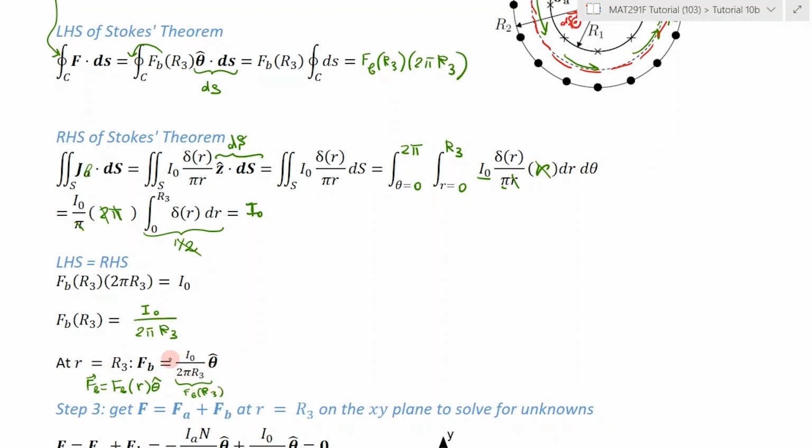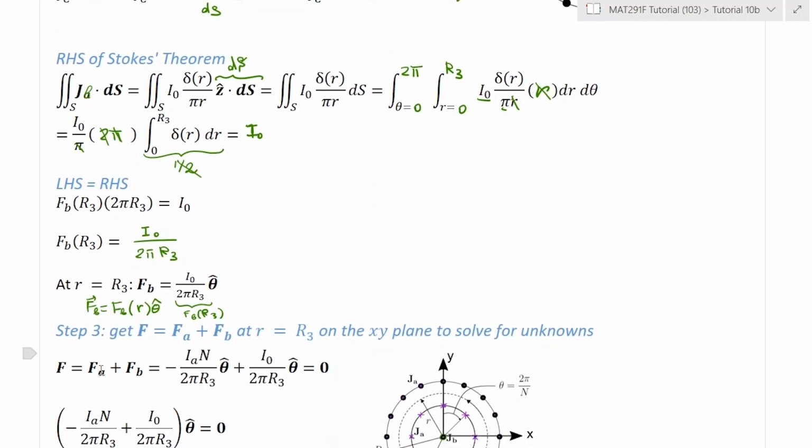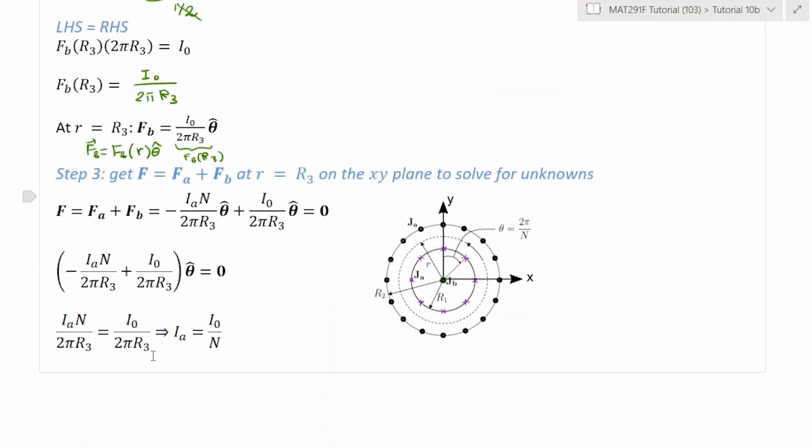And theta hat. The third step is to add together the fields produced by the two objects. That's why I've highlighted everything, both objects. Not just anywhere, but we want the field just on this circle, r equals r3 on the xy plane.